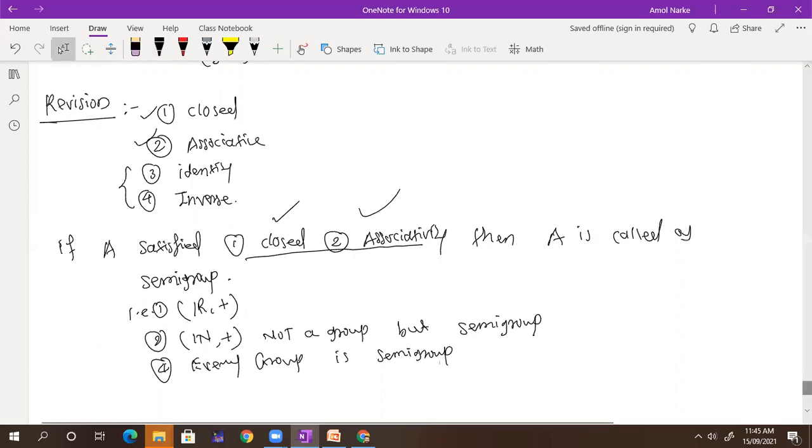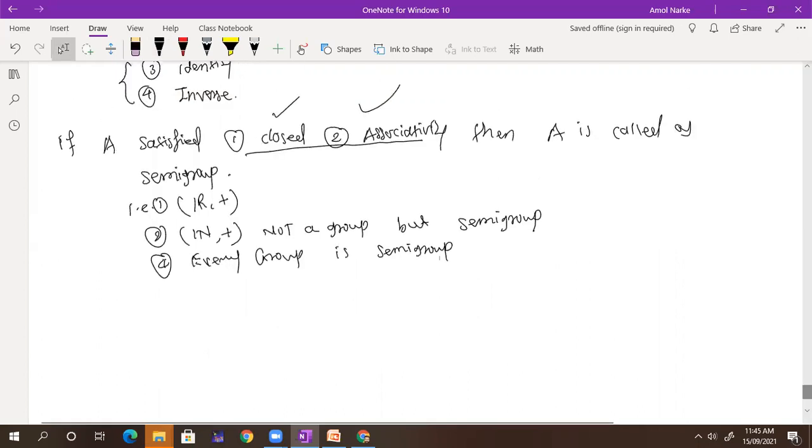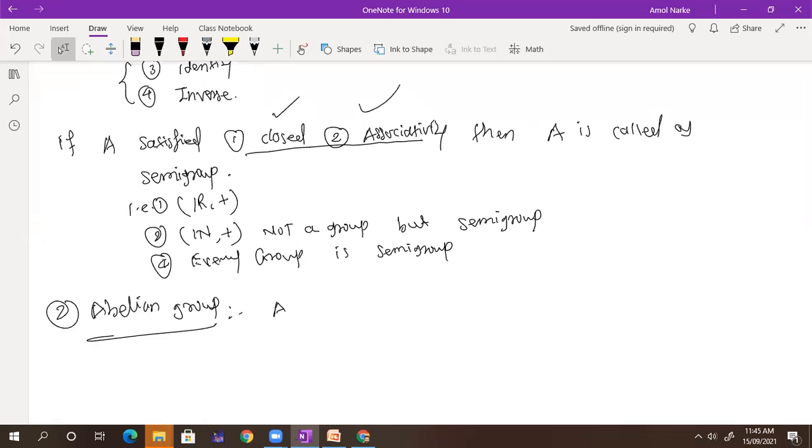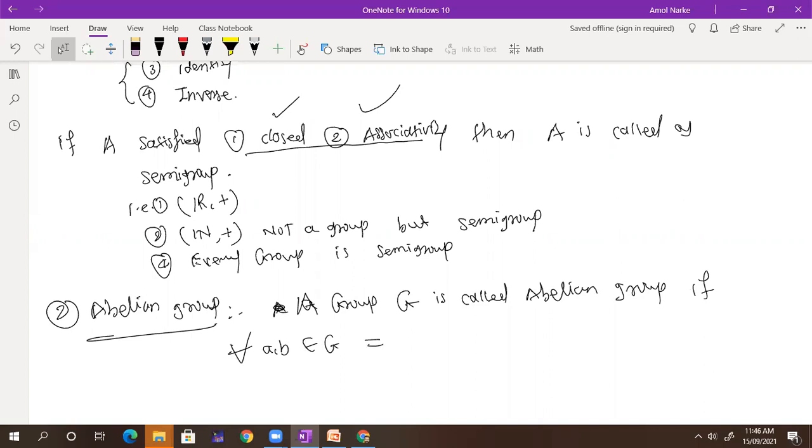Okay, and now what is an abelian group? So the definition: a group G is called an abelian group if for all a and b belonging to G, ab is equal to ba.